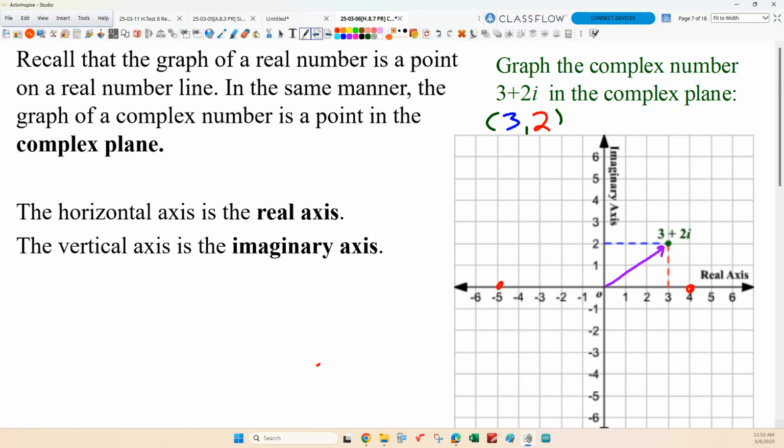But it turns out that distance is dependent on both the real part and the imaginary part, right? If I want to figure out the length of that vector, I'm just going to use the Pythagorean theorem. The horizontal leg of that triangle is just going to be a, the real part. The vertical leg is just going to be b, the imaginary part. And then what's that tell us? That tells us that the impedance squared is just equal to a squared plus b squared, right?